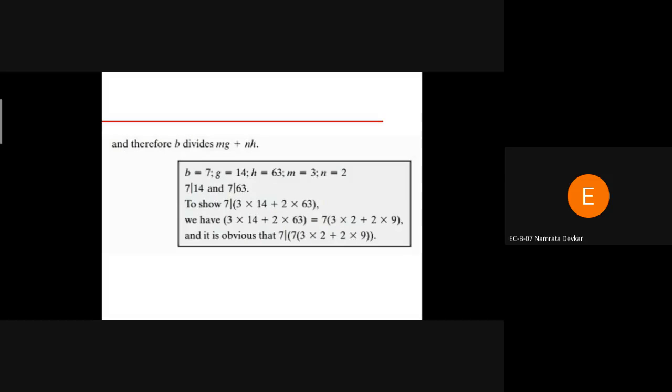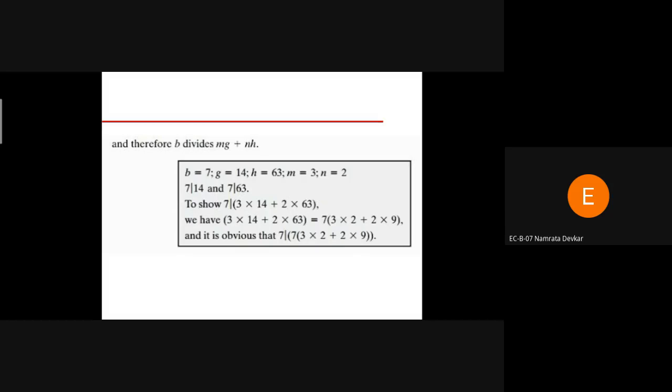That should be equal to, with our b that is 7 in a bracket, first 3 and after that 14. If we divide 14 by 7, what should be the answer? 14 by 7 is 2. So instead of 14, we can write 2.